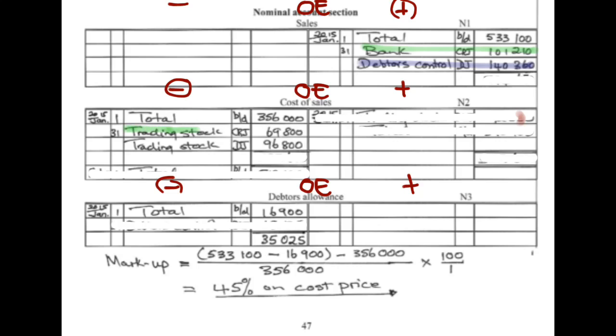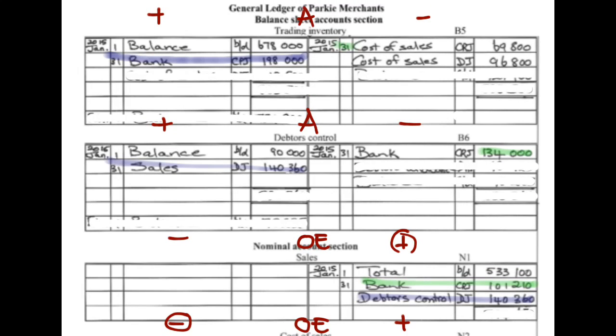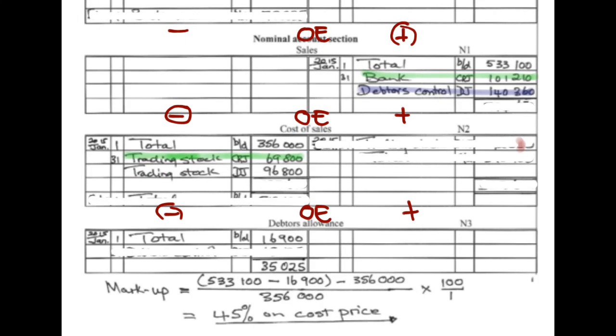The first entry was from the CRJ. So in other words, the first entry were all the costs of sales connected to my cash sales. And the second entry, because it comes from the DJ, I can clearly see that this is now connected to my cost of sales, but of my credit sales.